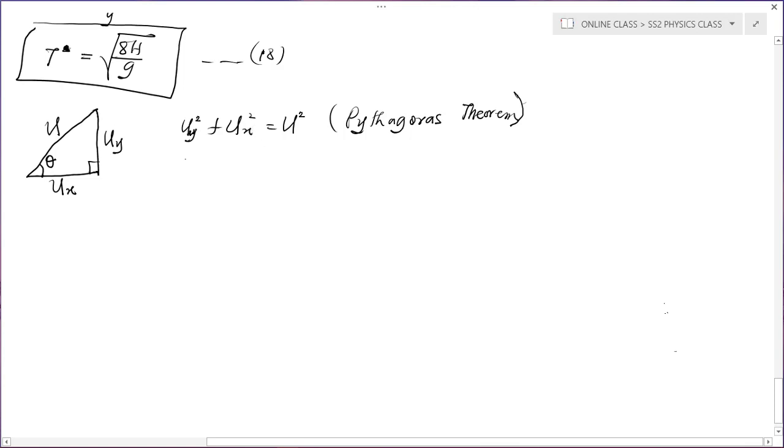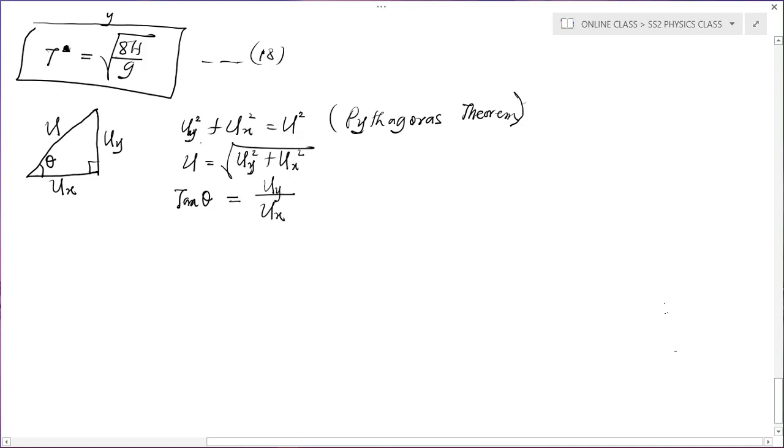So u here will give you u equals square root of uy squared plus ux squared. From here also, we can see that if you want to get the angle and you are not given it, you just say tan theta equals opposite over adjacent, uy over ux.